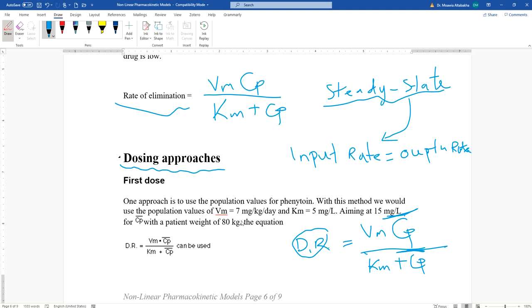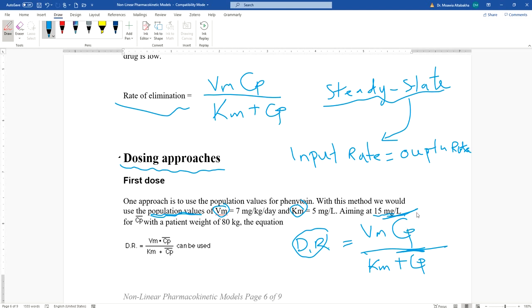You will need to go to the literature and find the average population values for Vm and for Km. And also you need to look at your target concentration. In this case, it's 15 milligram per liter. This will be your Cp average.